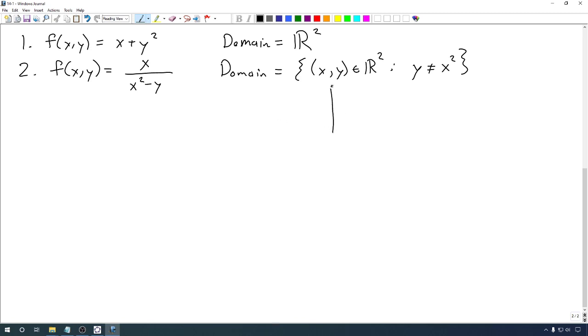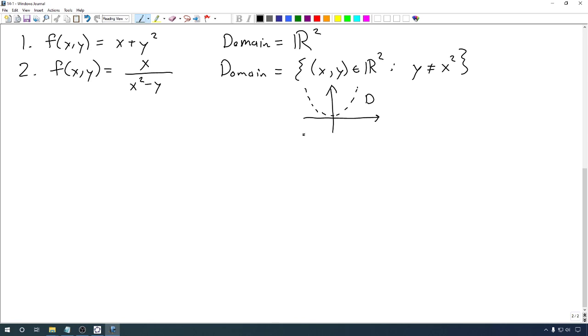And if we were to draw the domain of this thing, we'd go ahead and draw the parabola y equals x squared. Though we're going to put it as a dashed line, saying that even though we have to draw it here, this is not included in our domain. And our domain D is everything except for this dashed line.